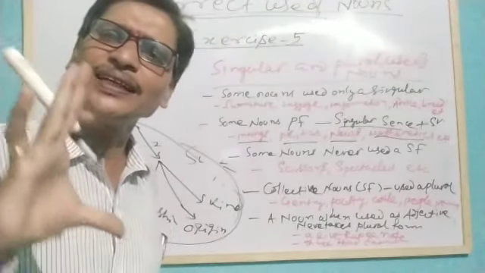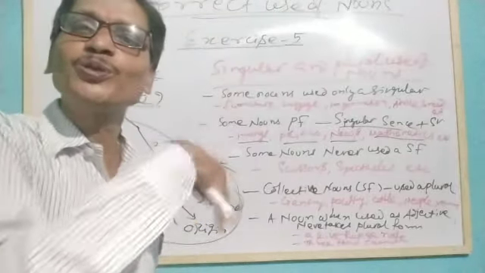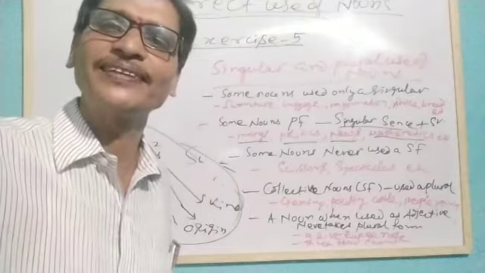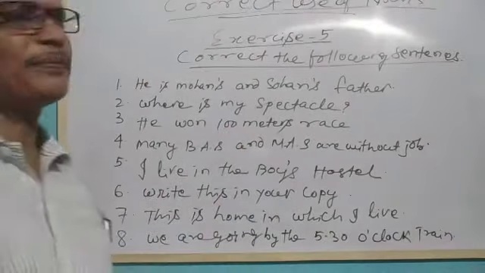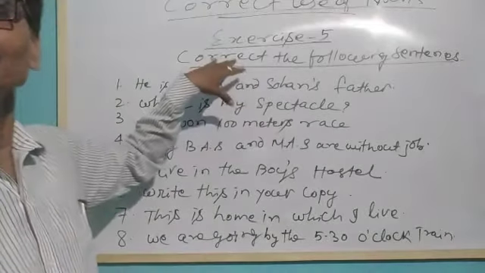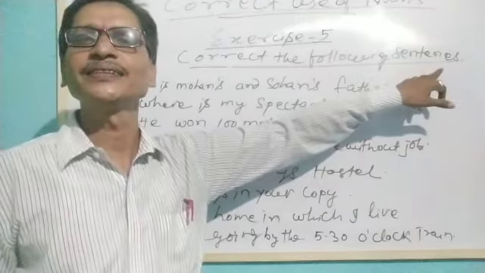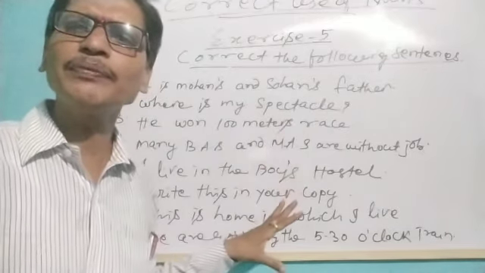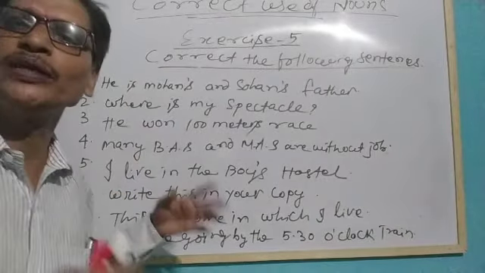Let's discuss a few sentences of your exercise 5 with all those rules we understood. Okay, let me write them. Here you see in your exercise 5, which instructs us to correct the following sentences. That means these sentences have some errors, and we have to rectify them.